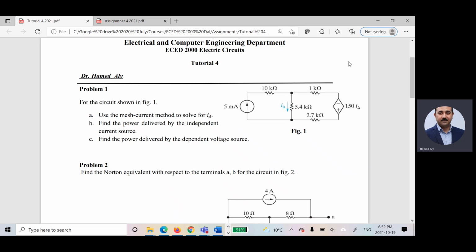The third method is Thevenin or Norton. When should I use Thevenin or Norton? For one of three conditions. Number one, I ask you directly to find Thevenin or find Norton. Number two, I give you a variable resistor and I ask you to find the value for that resistor for maximum power.